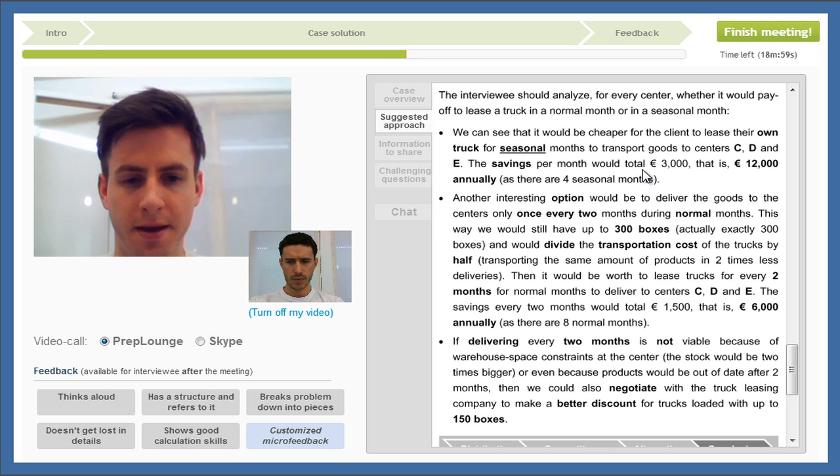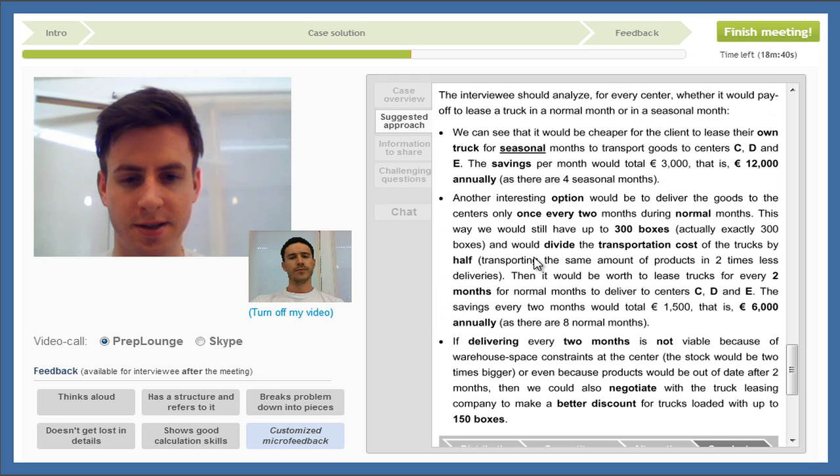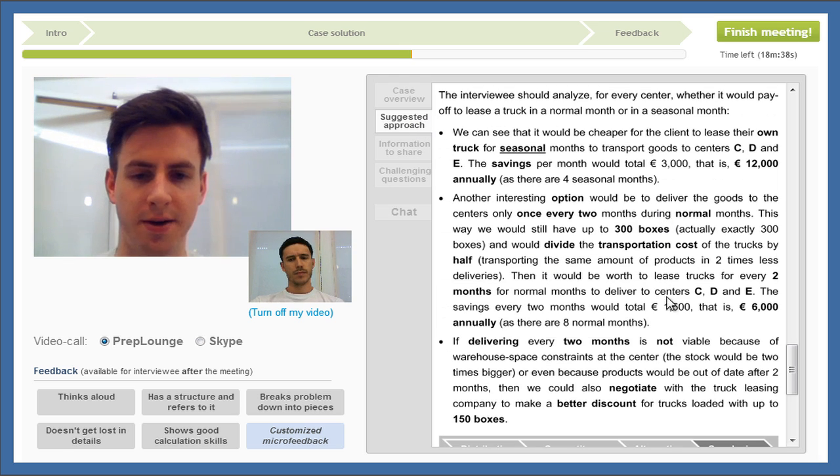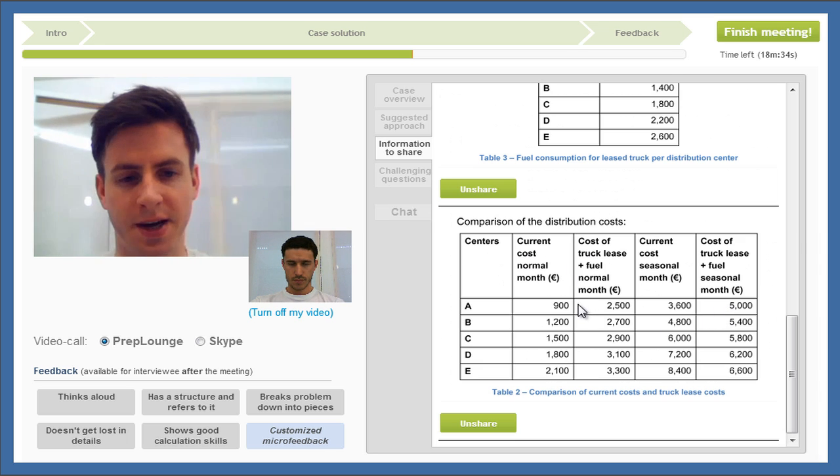Yeah. Let me just calculate that. An option would be to do it as we did for all the others except C, D, and E, where we charter trucks. And if we do that, for C we save 200, for D 1,000, and for E 1,800 per trip.